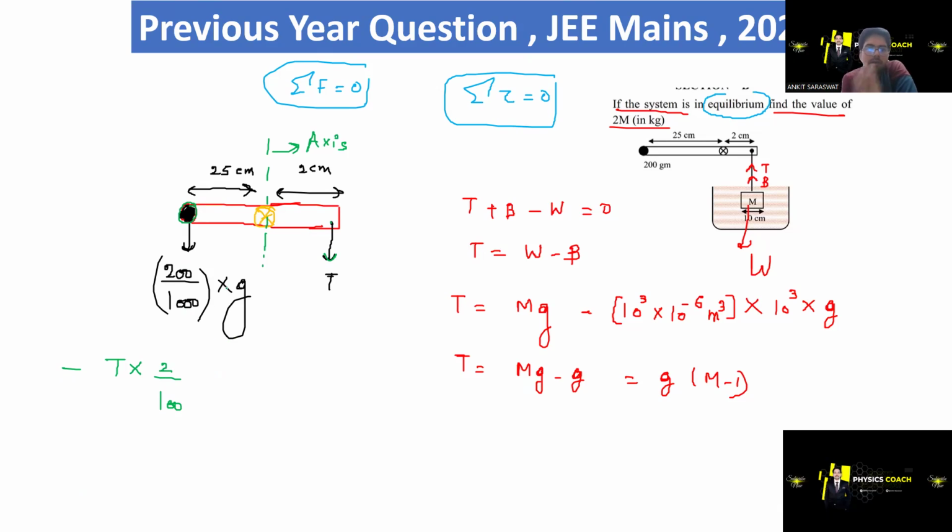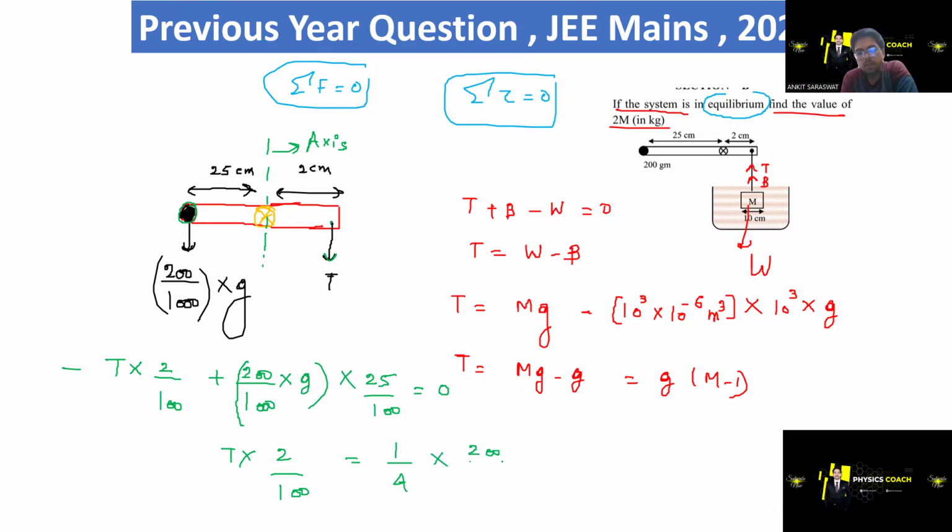The 200 by 1000 weight is providing anti-clockwise torque, so we will take plus 200 by 1000 multiplied by g, force multiplied by perpendicular distance from the axis of rotation, 55 by 100, equals 0. So we got T multiplied by 2 by 100, 25 by 100, which is 1 by 4, multiplied by 200 by 1000 g.